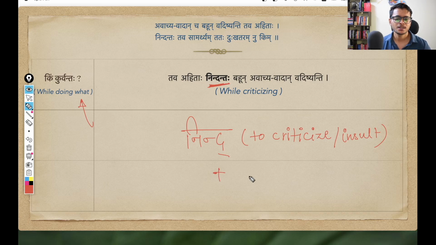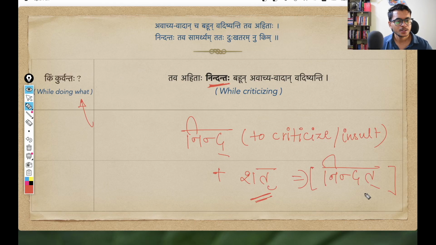And here this nind dhatu is being modified using shatr pratyay. And if you remember, the function of shatr pratyay gives the feeling of while doing the action. Okay, while eating, while studying, while dancing. So to give that flavor, while doing the action, we use Shatr Pratyaya with the Dhatu. And when we modify this Dhatu using Shatr Pratyaya, Nindat is the Pratipadika that we get. And this Nindat Pratipadika means while criticizing or while insulting.